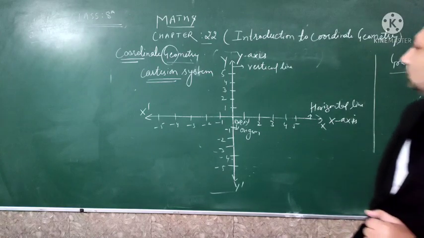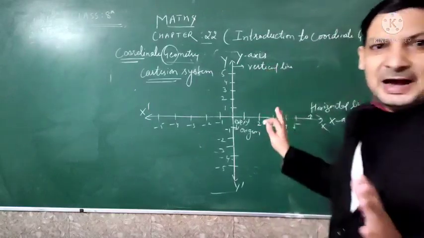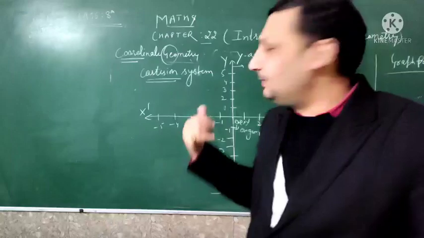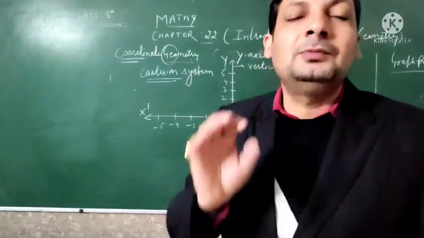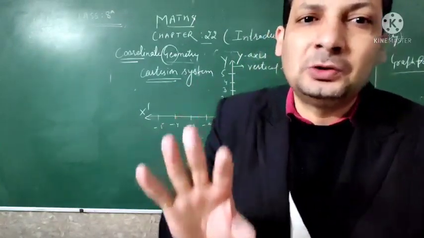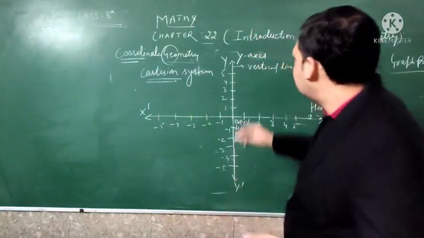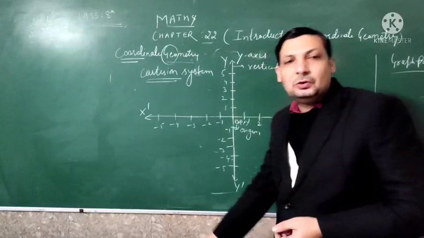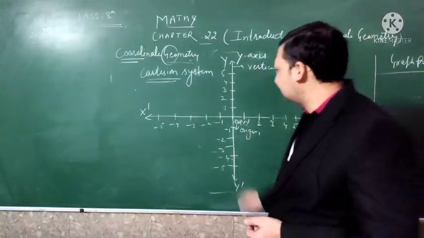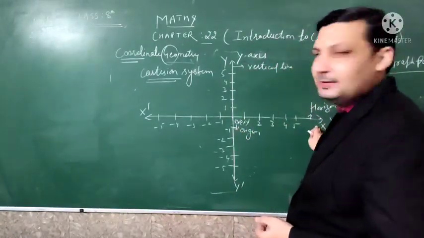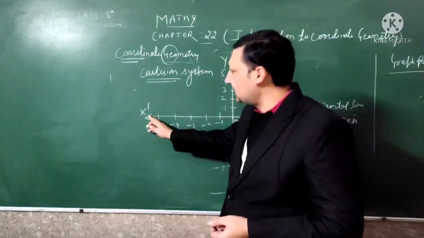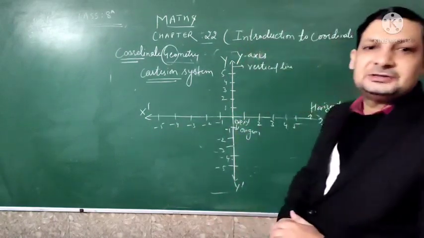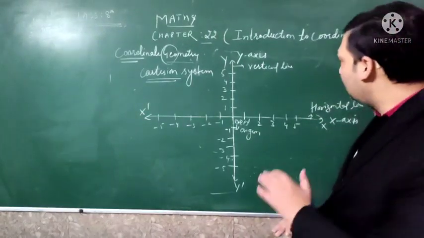This flat surface means the blackboard. For me, my plane is the blackboard, or if you are working in your copy, your flat surface is your notebook. The notebook is your plane. This plane is divided by 2 lines or 2 axes, x-axis and y-axis. 0 to positive is x, 0 to negative is x dash, 0 to positive y is the y-axis, and 0 to negative y is y dash.